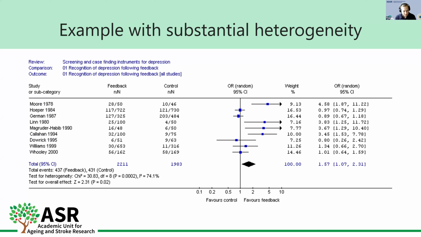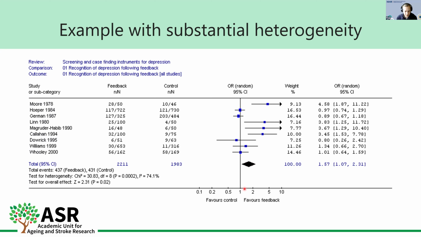I'll just show you a slightly different example of a forest plot. So these are basically the same kinds of things in a slightly different order. But I wanted to show you this example because here in the forest plot, you can see that there's quite a lot of heterogeneity. There seems to be a group of studies which seem to be estimating somewhere around no effect, and a group here which seems to be having a large estimate.